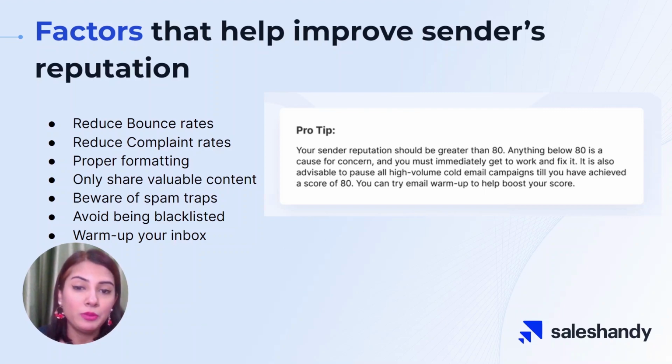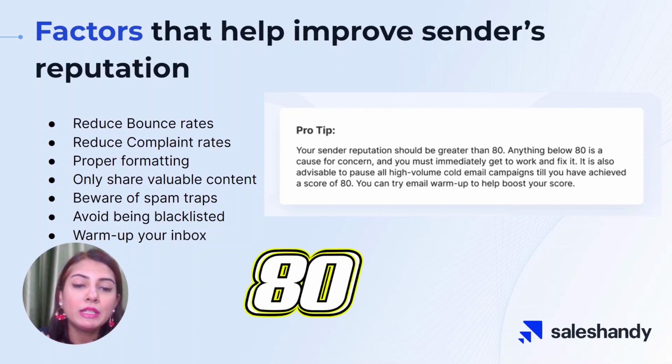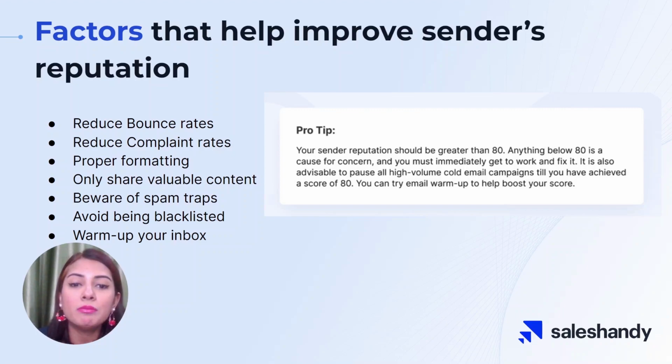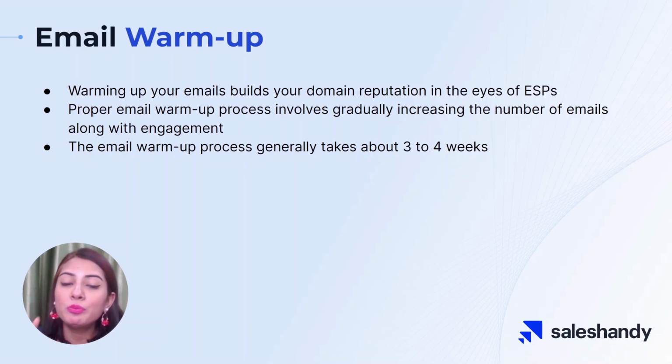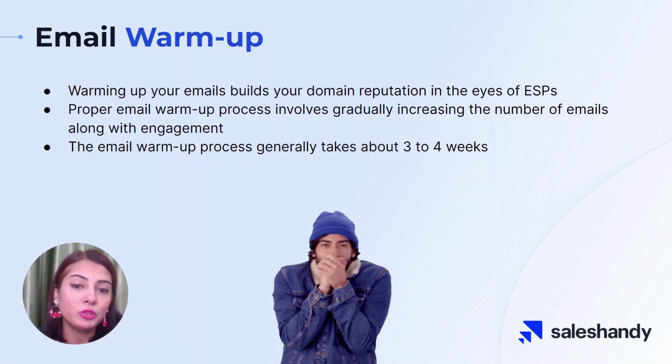By the way, your sender reputation should be greater than 80. If it becomes less than 80, then you need to immediately start working on fixing it. It is also recommended that high volume campaigns be paused at this time till your score goes back to 80 or above. Another way to boost your score is by warming up your inbox.